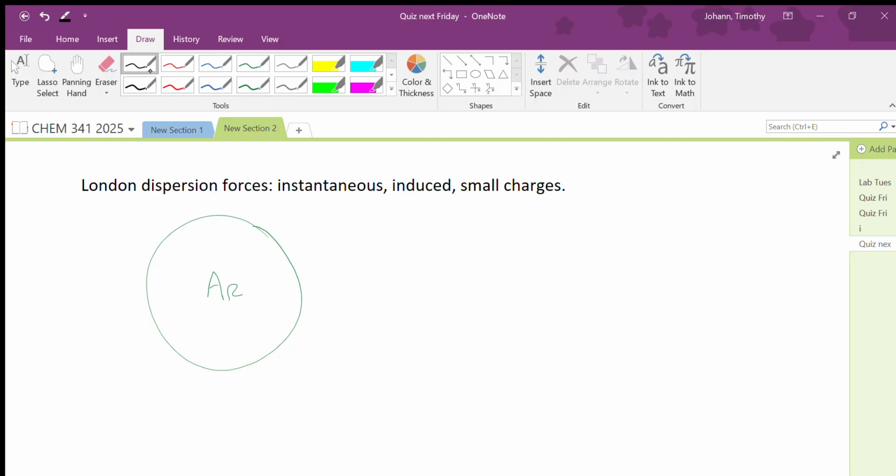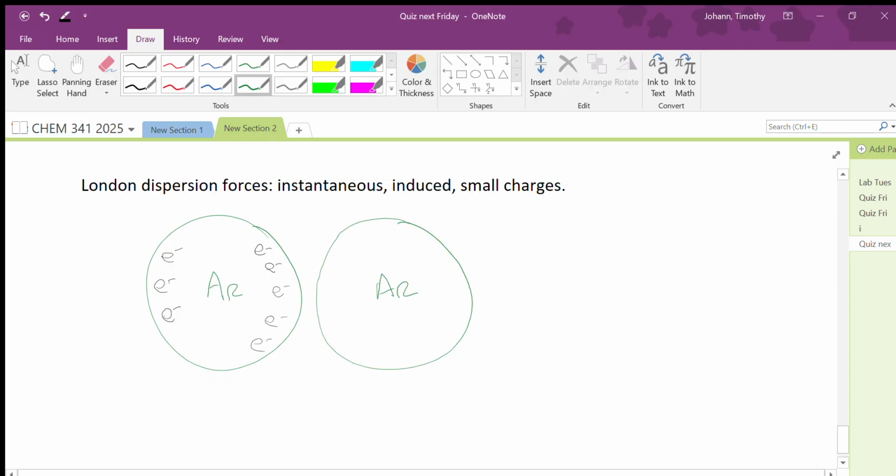At some instant, this is absolutely over-exaggerated, you might have 5 of those electrons on one side and 3 on the other side. Super exaggerated here, it would not be that much.